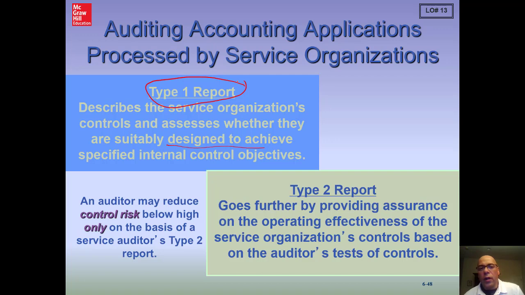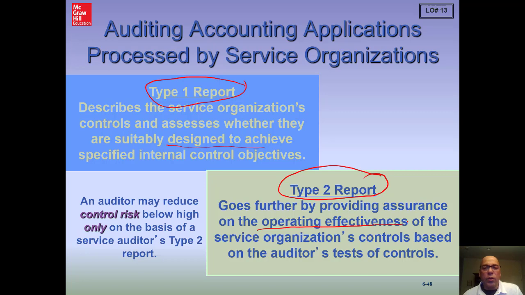What we would probably be happy to obtain is a type 2 report from the service auditor, and in that case the service auditor has tested the operating effectiveness of the controls. We have that report from the service auditor as the user auditor. We put that in our work papers, and we could use that then to justify an assessment of the risk and material misstatement that's less than the maximum, and then we could alter the timing, extent, and nature of our substantive procedures.